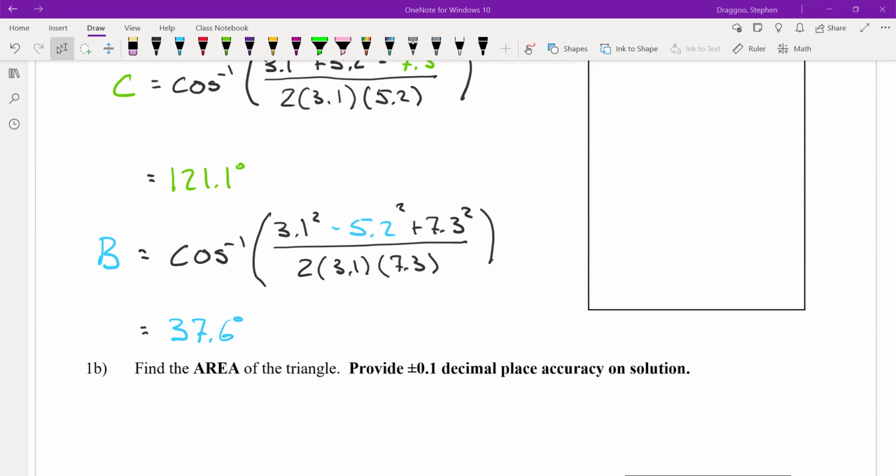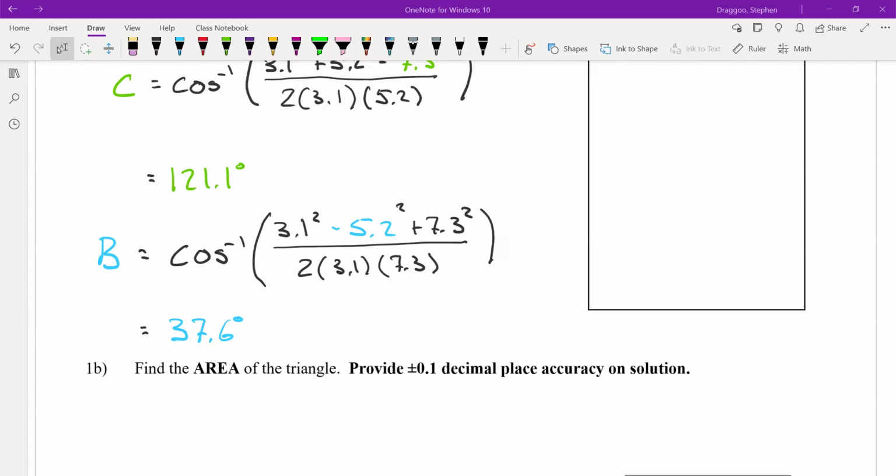Thanks, Gibraltar. I want the arc sine of 5.2 times the sine of 121.1 degrees divided by 7.3. Close my parentheses, type in degrees.